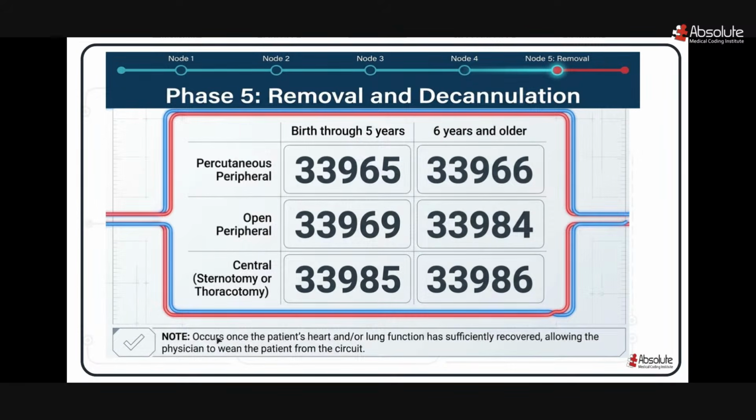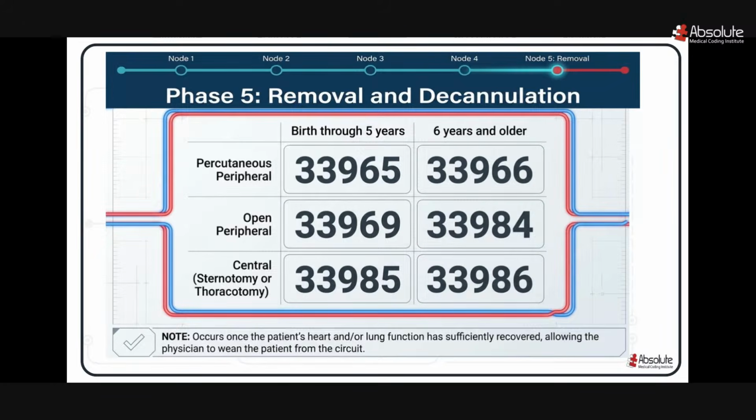Now we are moving on to the final phase: the removal and decannulation phase. This phase represents a major milestone in the patient's recovery, because removal only occurs when the patient's heart, lungs, or both have recovered enough that ECMO support is no longer needed.